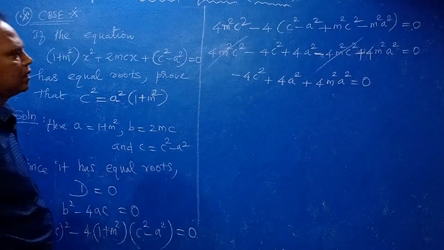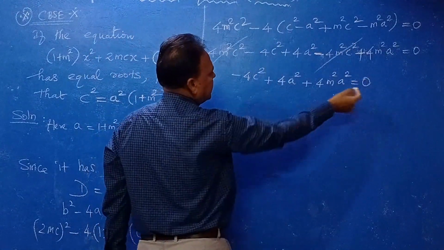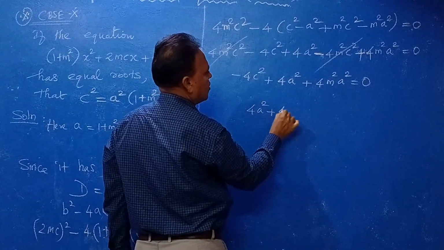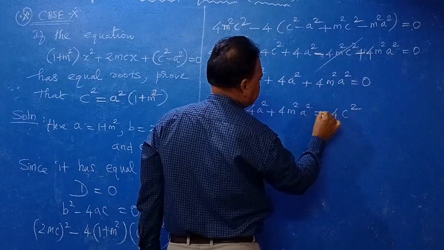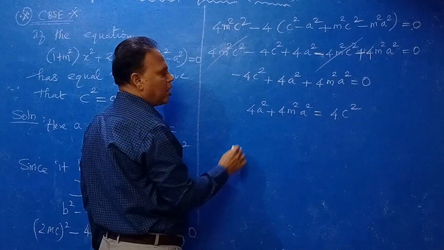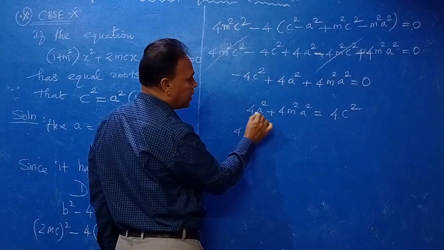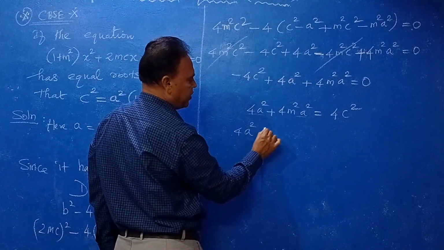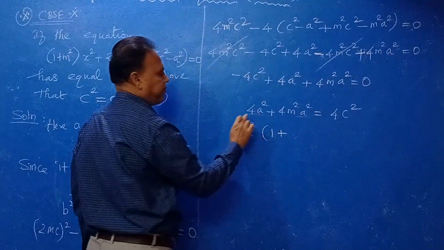Now this minus 4c squared, bring to that side. That means 4a squared plus 4m squared a squared equal to 4c squared. Now 4 is common, and a squared is also common. Therefore 4a squared you take common.